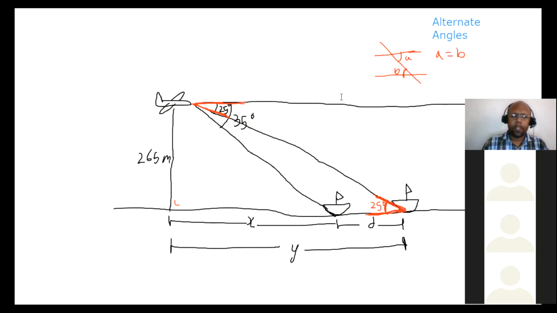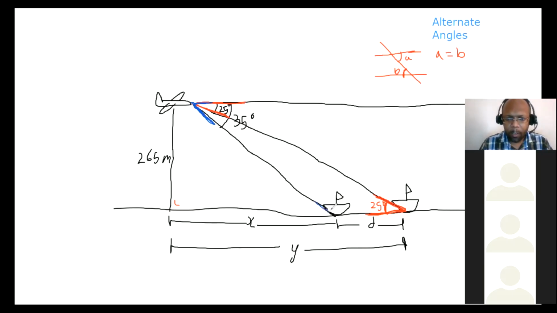Okay, those are alternate angles. So now we'll do the same. We'll change the color. I think this blue is going to work. So what about this one here? Coming across here. Okay, so see, doing the same thing again, but this one is dealing with the bigger angle, isn't it?